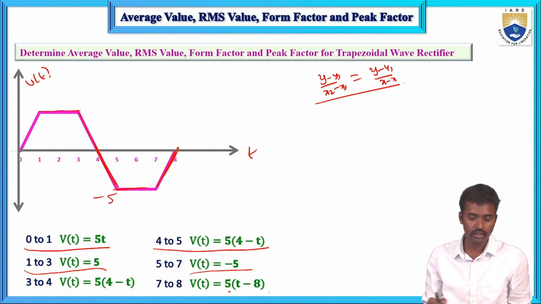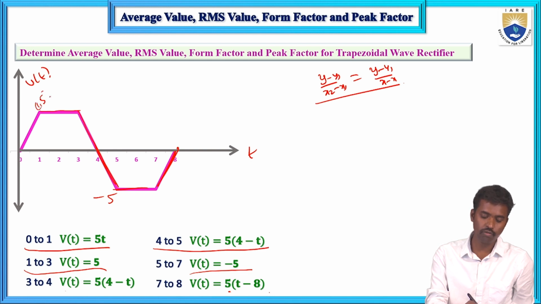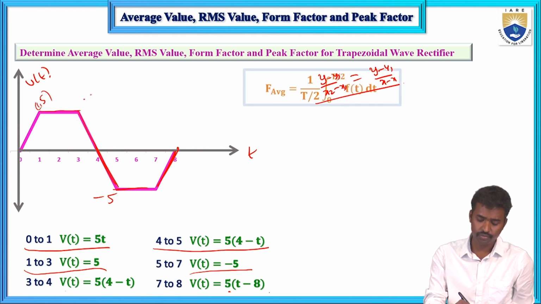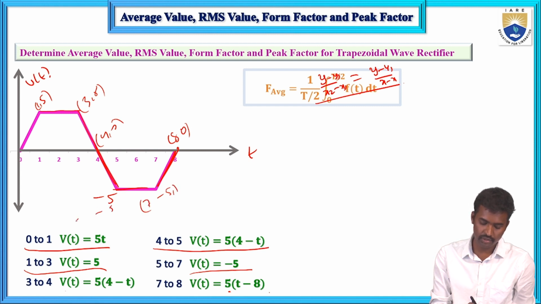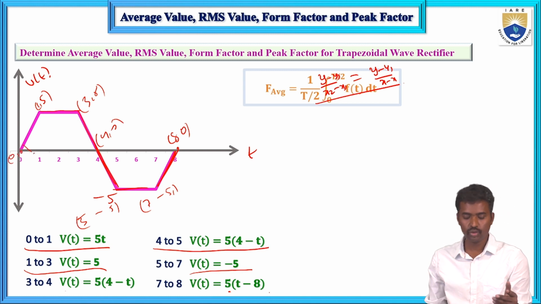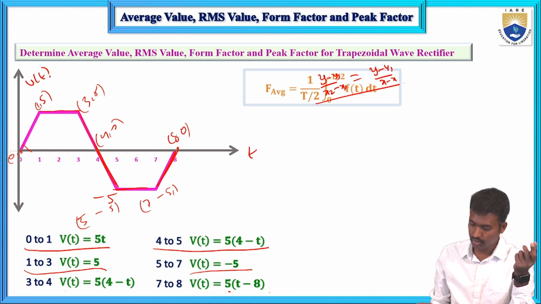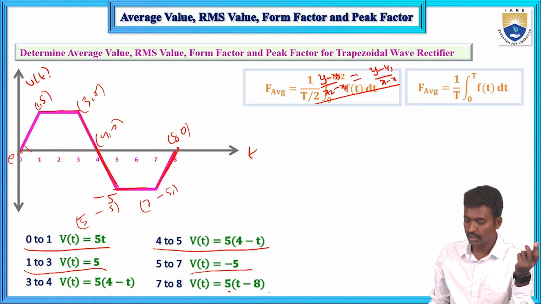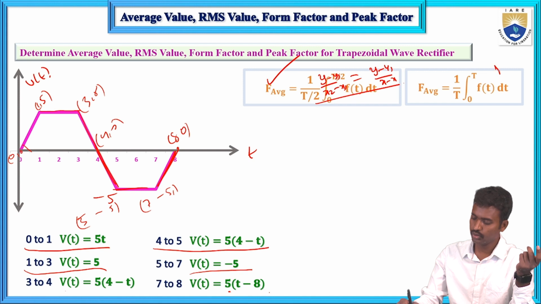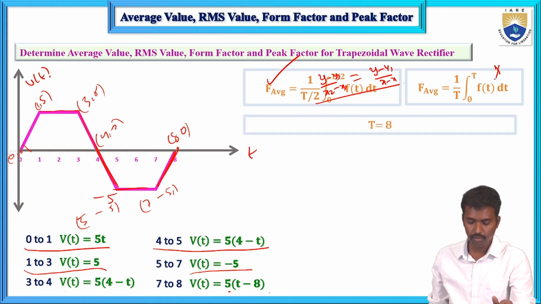So substitute those values: 1 comma 5, 3 comma 5, 4 comma 0, 8 comma 0, 5 comma minus 5, 7 comma minus 5, and 0 comma 0. Substitute in each step during 0 to 1. Now here the average value: this is a symmetrical waveform, meaning you can use this formula, and don't use the other one. Here the time period is 8.